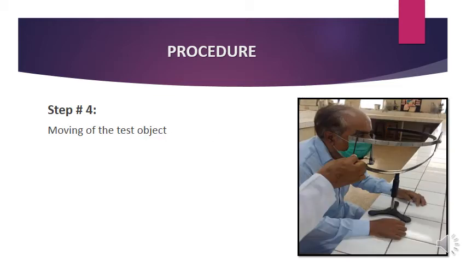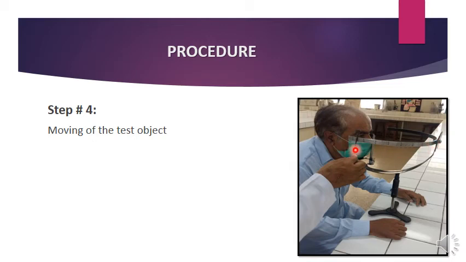Step number 4 is moving of the test object. Now, after selecting a meridian for the metallic arc, which in this case is the horizontal meridian in the temporal half for the right eye, we will move the test object from periphery towards the central fixation point.